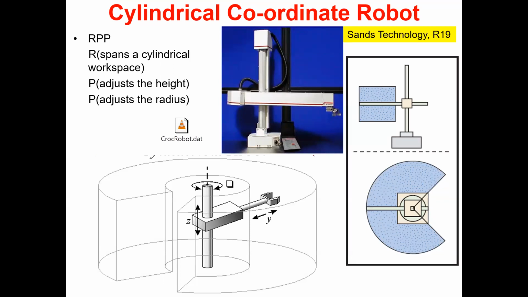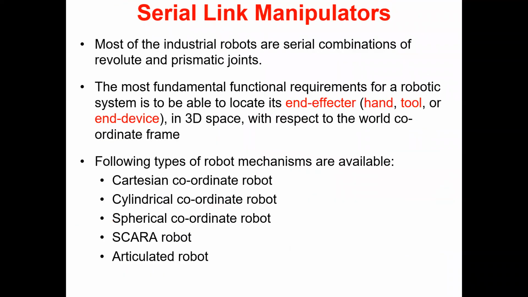So if you continue the same argument to the next type of robot, which is spherical, in this case you need a radius and one angle on a certain plane, let's call it a horizontal plane, and then another angle in the vertical plane with respect to the horizontal plane.